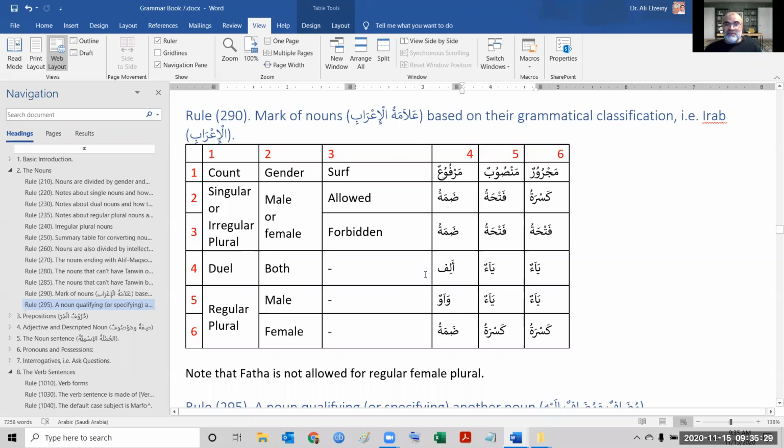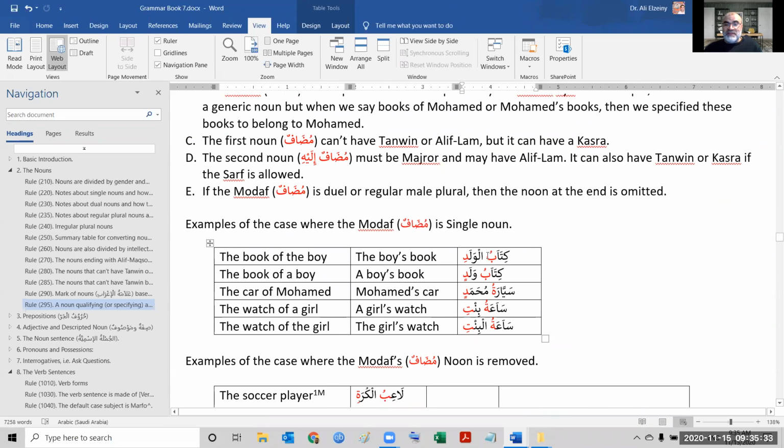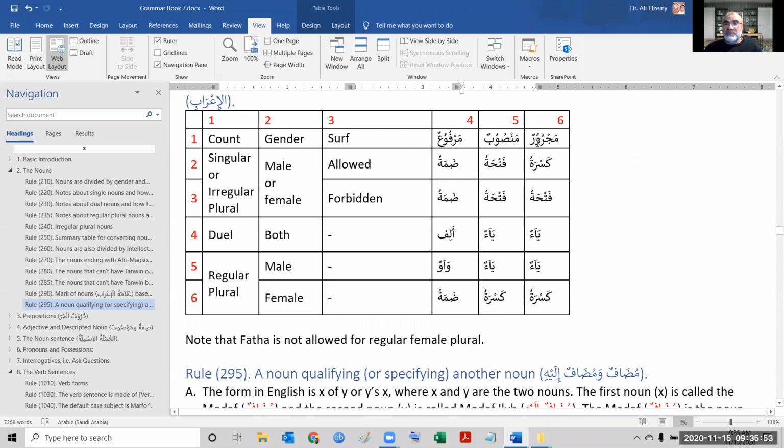Okay? But the second noun, or Modaf Ilyh, has to be majroor all the time. There is no other possibility other than majroor. So it's always majroor.